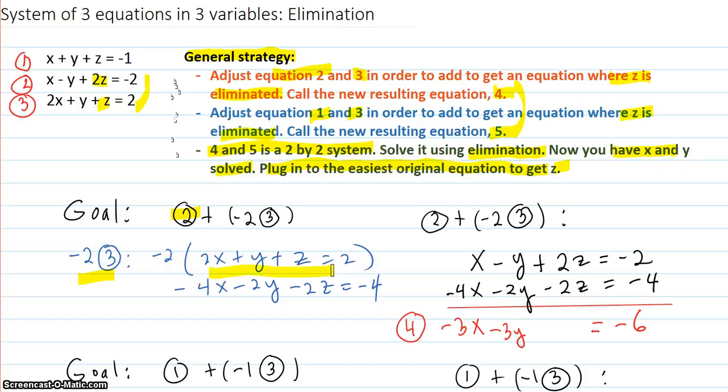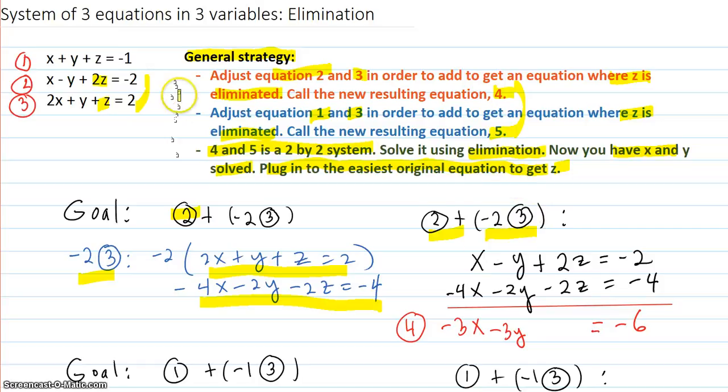Negative 2 times equation 3, distribute in, and get this. Okay, then over here I'm simplifying. Actually I didn't simplify that, I kept it the way it was, but I could have. Okay, so I'm doing 2 plus negative 2 times 3, the original goal.